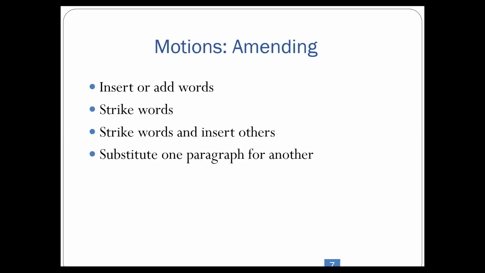I want to strike park and say at the school auditorium. And then the 4th way to amend is to substitute one paragraph for another. And that would just substitute it completely. And you might say that you would like to have an ice cream social.